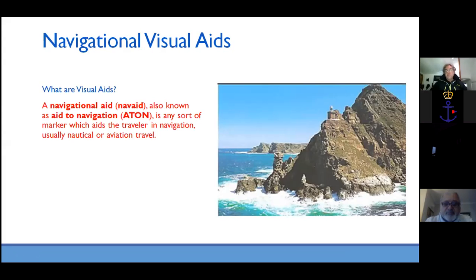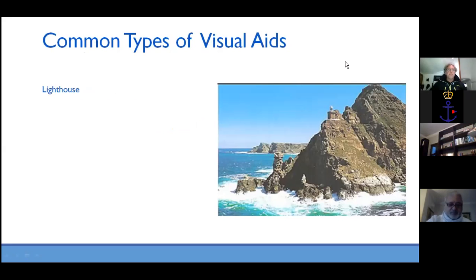And it's basically set up for the traveler for navigation, and it's usually for nautical or aviation. There's very few visual aids in respects of lighthouses, buoys, beacons, things like that, for any sort of road travel. But nautical and aviation use visual aids quite a lot.